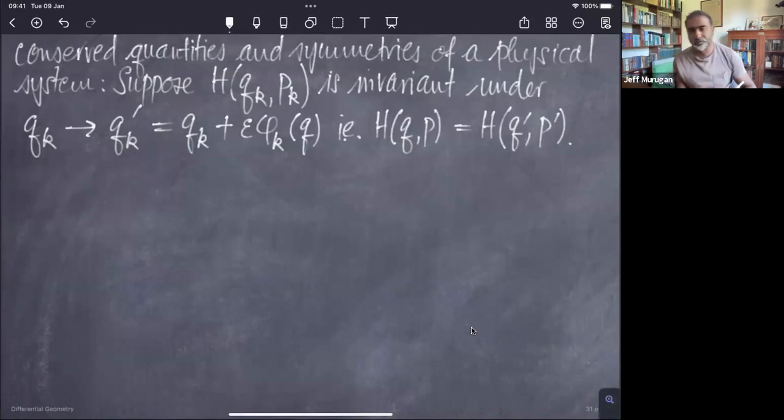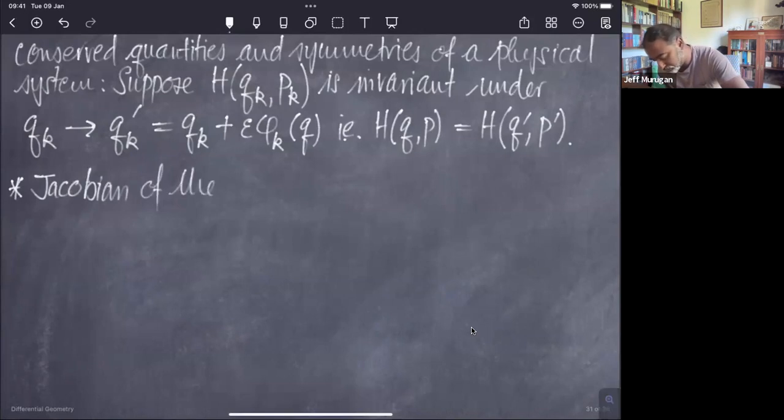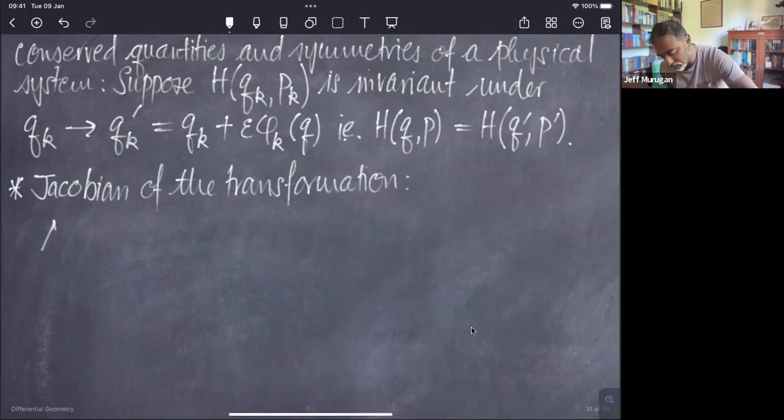Well, this is a change of coordinates, right? So it comes necessarily with a Jacobian. The Jacobian of the transformation is given by, I'm going to call it lambda ij, and lambda ij is dqi prime by dqj.